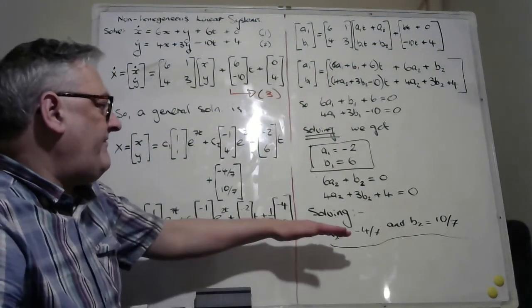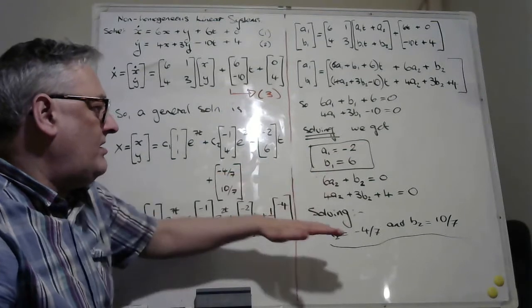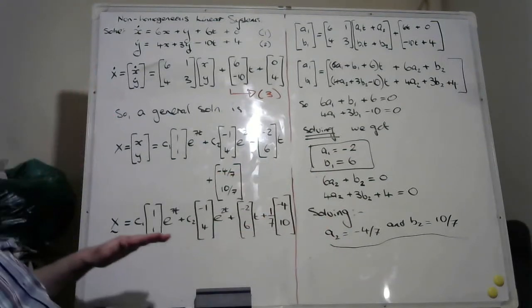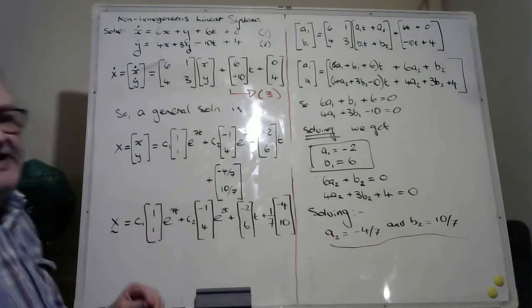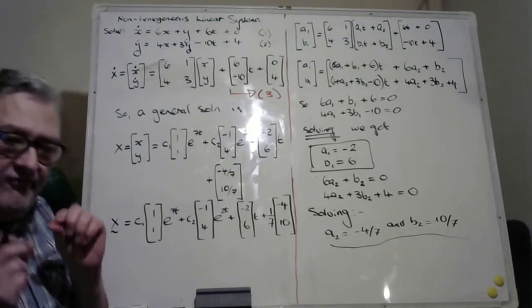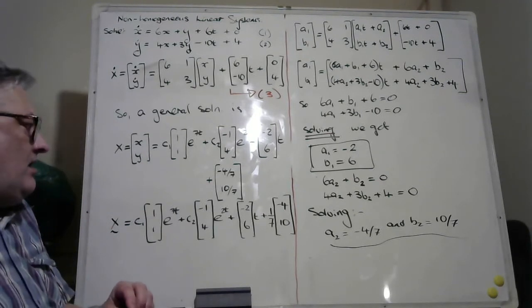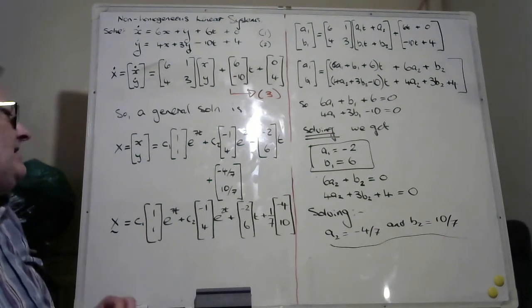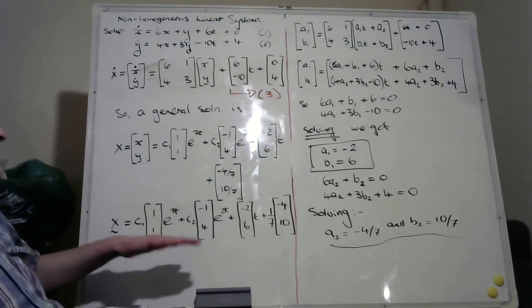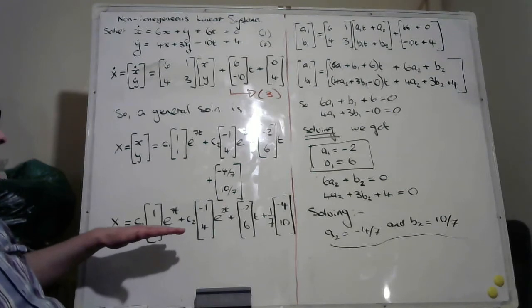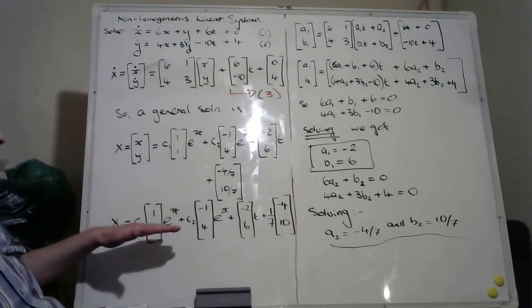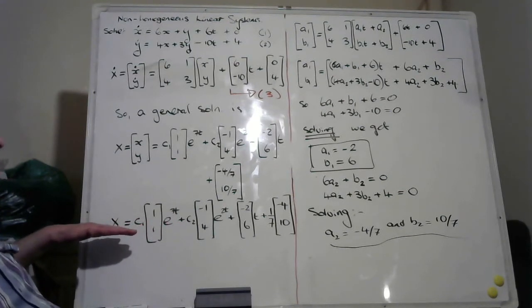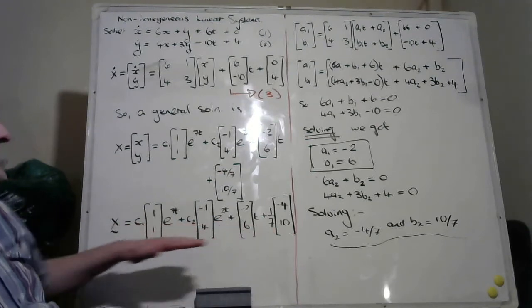And then once you've found A1 and B1 and A2 and B2, then you could just substitute into the particular solution form or the approximate form of the particular solution and add it to the complementary function, and then you will have your general solution, which is that.